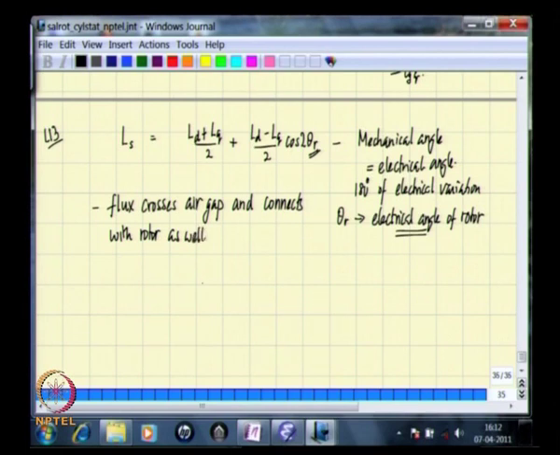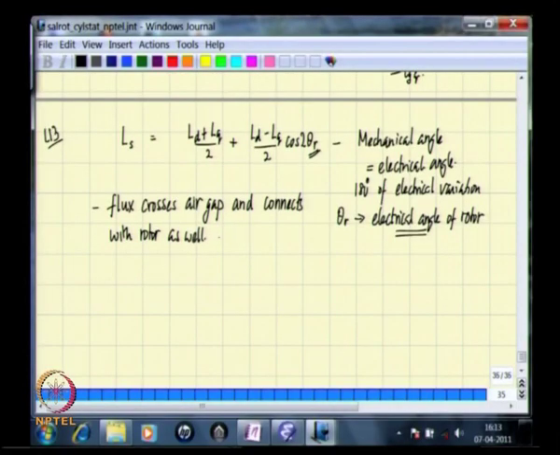The method by which we determined the mutual inductance is also to determine the flux density waveform around the air gap, and by that flux density what we implicitly assume is that all the flux for which this flux density is responsible enters into the stator from the rotor, and similarly here all the flux that is generated due to the MMF crosses the air gap and goes into the rotor as well, which therefore means that the expression we have derived is essentially the magnetizing inductance.